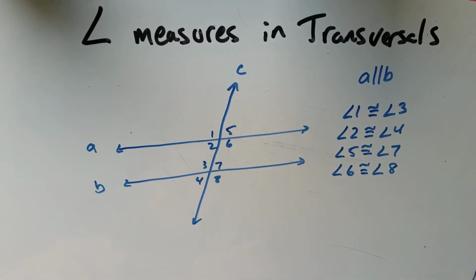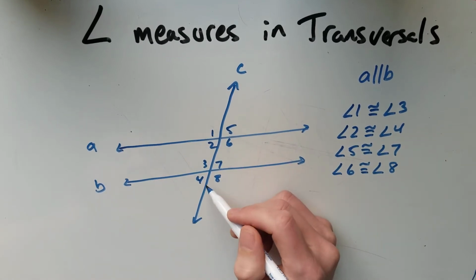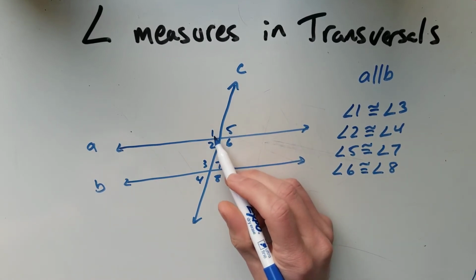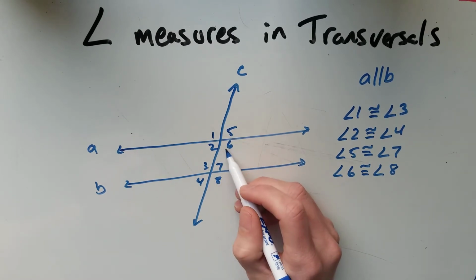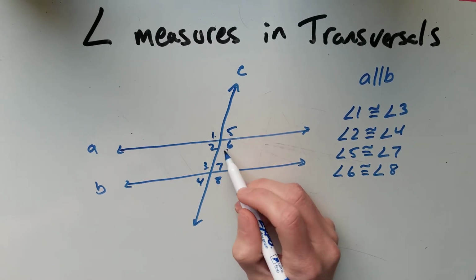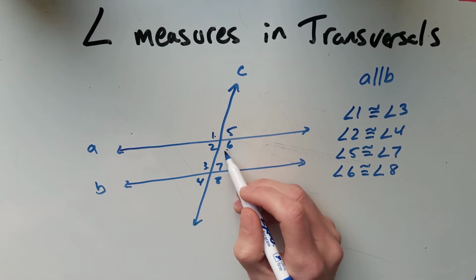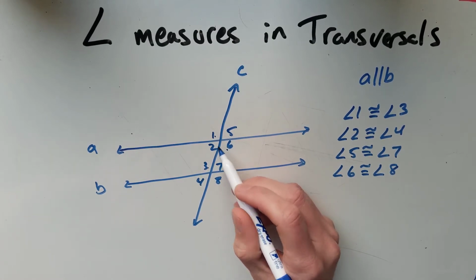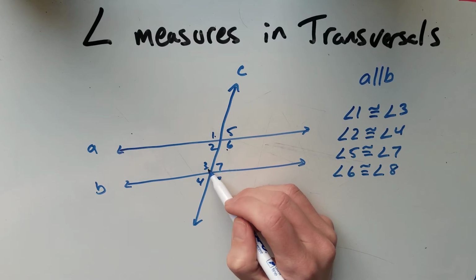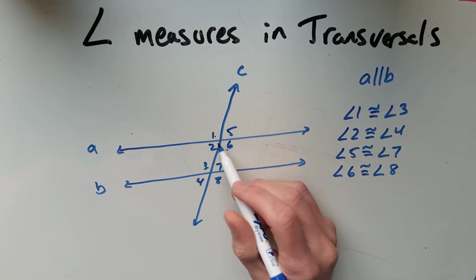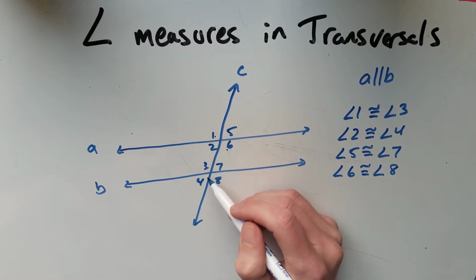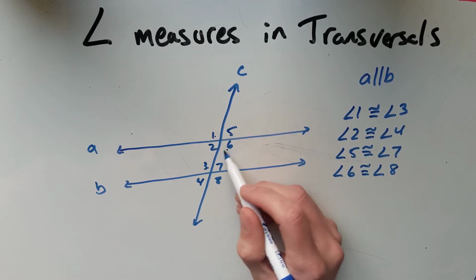And we can even go a little further with this too. If you look at angle 1, we just said it's congruent with 3, but angle 1 is also congruent with angle 6 because they're vertical angles. So angle 1 is congruent with angle 6 because they're vertical. Angle 1 is congruent with angle 3 because they're corresponding. So if 6 is congruent to 1 and 3 is congruent to 1, well then 3 is going to be congruent to 6.